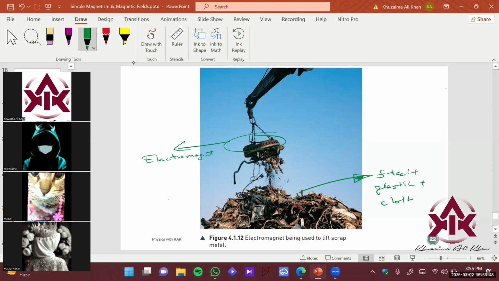If you want to sort out the material, if you want to remove only steel from the garbage, you can use an electromagnet here. As soon as the current passes through this, it becomes a magnet, and only the steel is attracted and stuck to this electromagnet, and they can easily sort out the scrap material from the garbage, right? I hope it makes sense now.